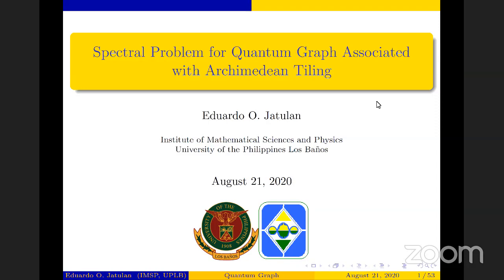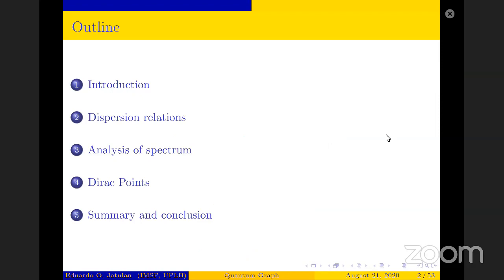For today's talk, I will share some basic results that we had for quantum graphs, specifically associated with Archimedean tiling. We have the following outline. I'm going to consider some preliminaries, some introductions and basic definitions for quantum graphs, and then we're going to consider some dispersion relations.